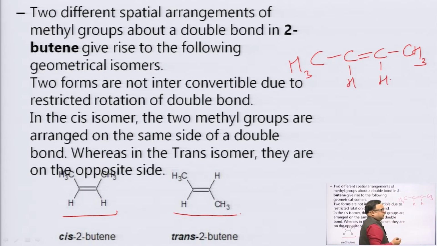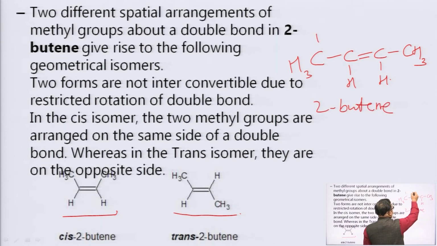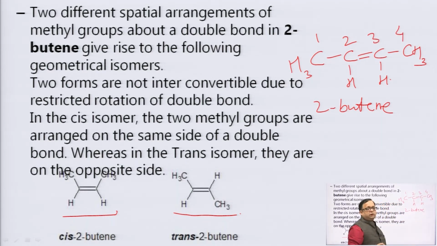So, it is 2-butene. 1, 2, 3, 4, 2-butene. Now this 2-butene can be represented in two different types of arrangements. How?